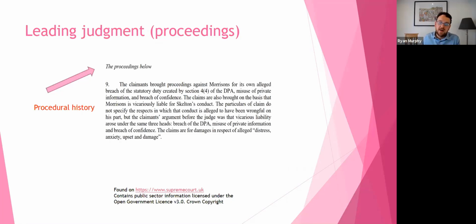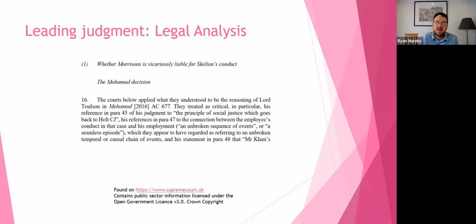And so that's that. And then the bulk of the leading judgment will be formed of legal analysis. Judges might split it up, if there are different arguments, if there are different legal threads, if there's a different way of looking at legal issues, they will normally split it down into those constituent parts.